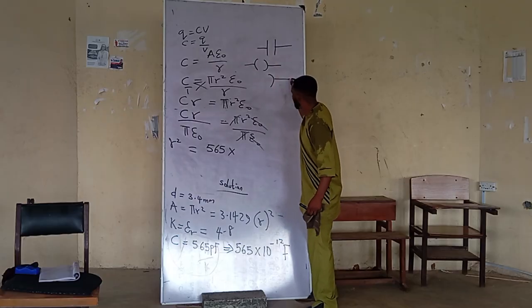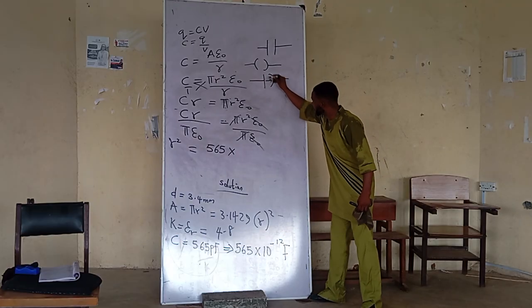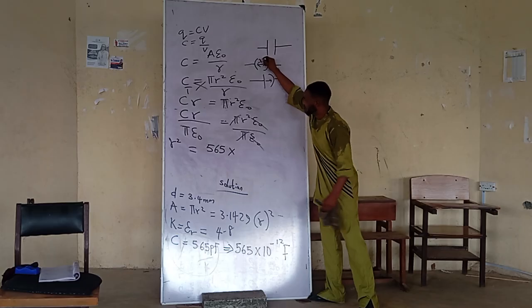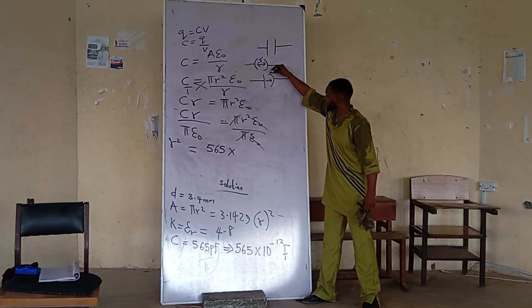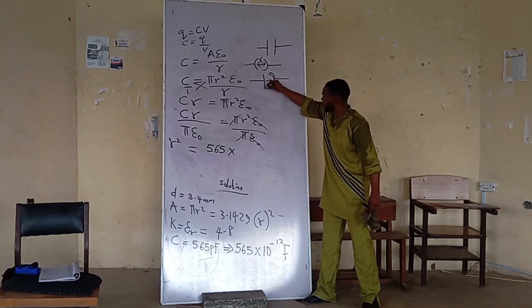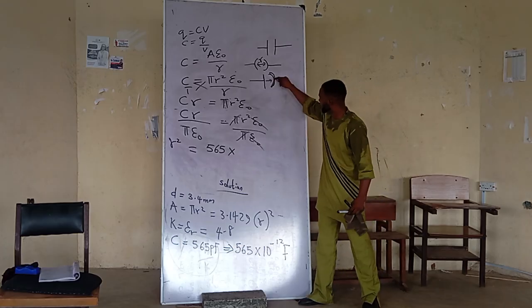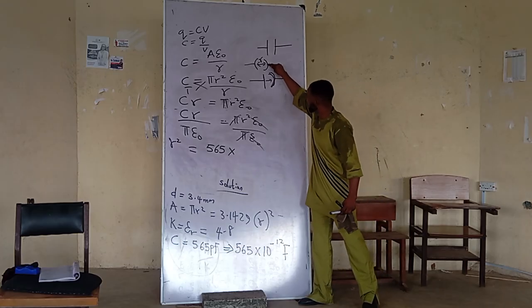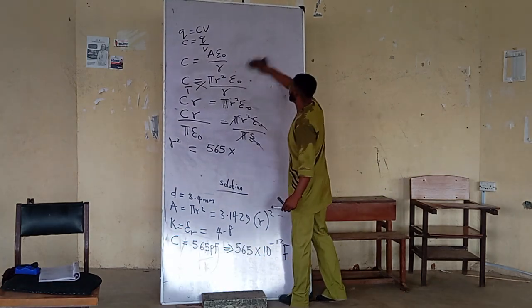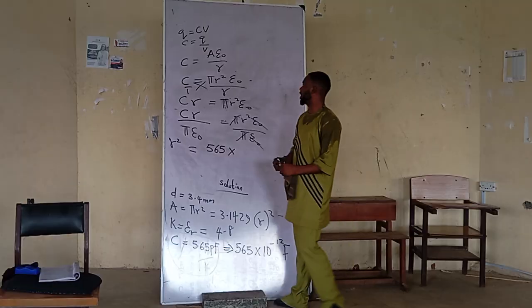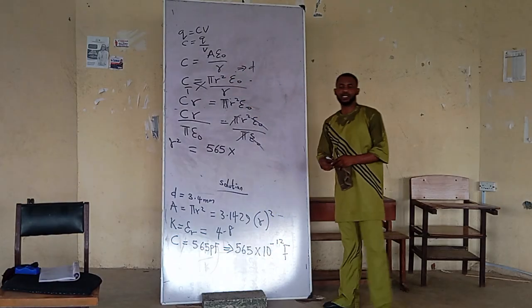The distance of separation is this distance, d, while the surface of this capacitor has this area, from this end to this end, that's the way it came about. If it will confuse you, in some textbooks you see this d put as distance.